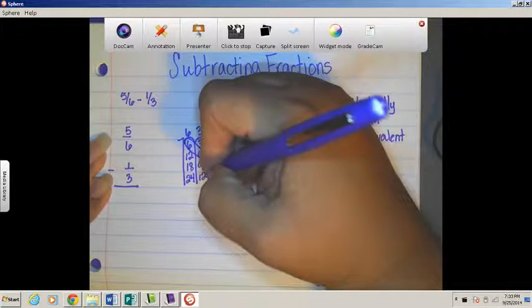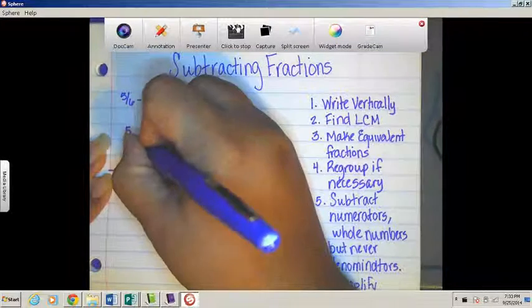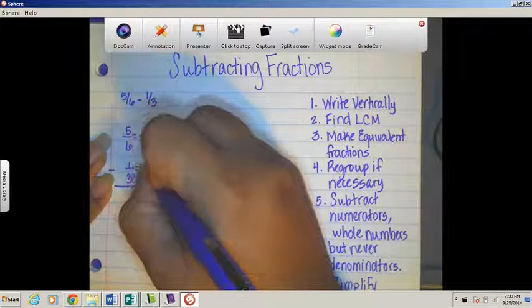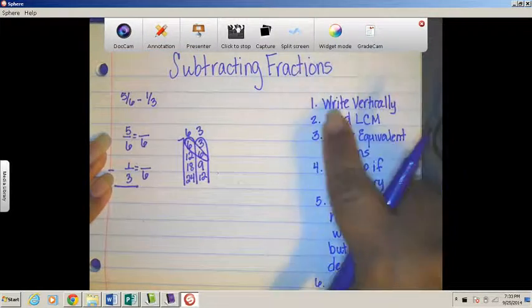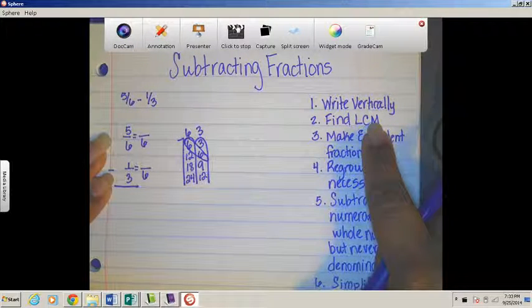There's also 12, but that's not the smallest one. So I'm going to use 6. Write them vertically. Find the LCM, least common multiple.